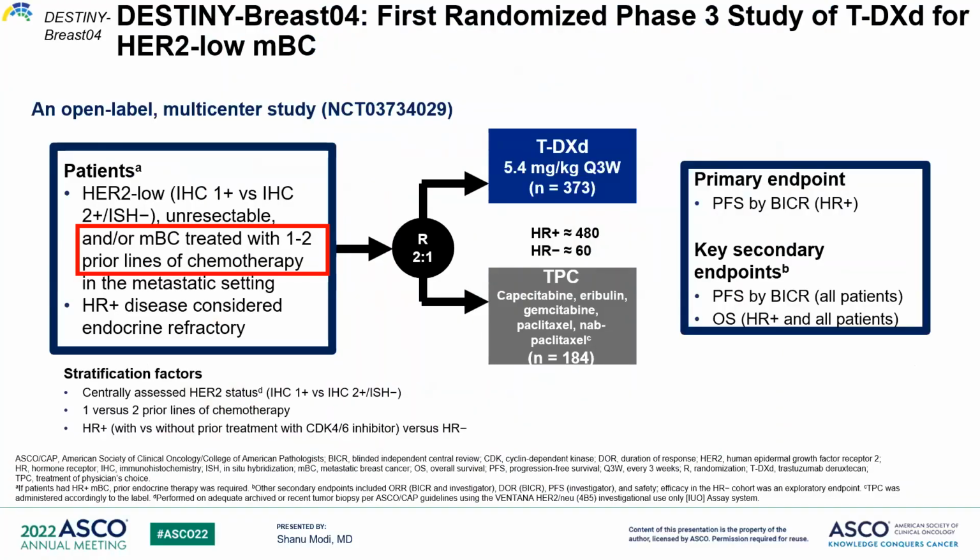So there was this study, this just came out 3 months ago. It's pretty much hot off the press, called DESTINY-Breast04, in which patients who had low level expression of HER2 on their tumor and had already had their CDK4/6 inhibitors and hormone therapy and 1 to 2 lines of chemo received either T-DXd or single agent chemotherapy.